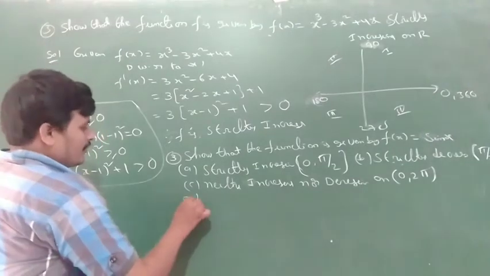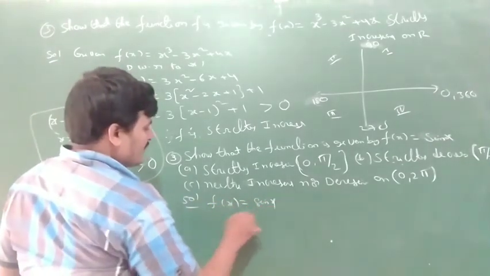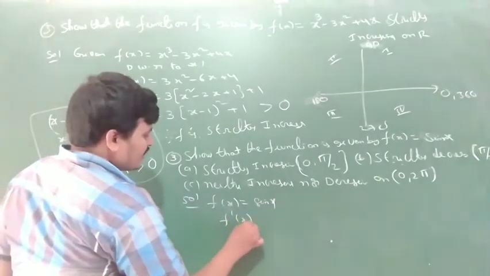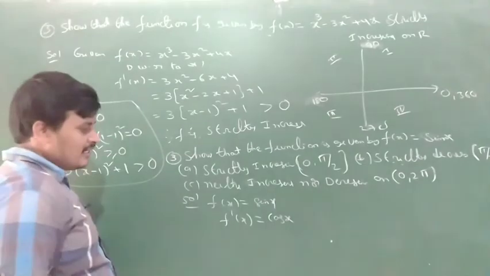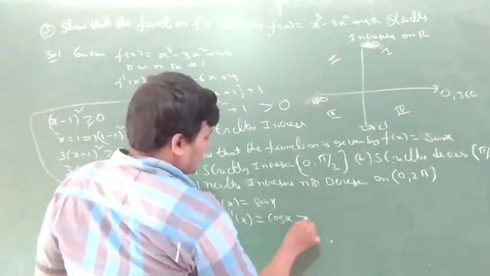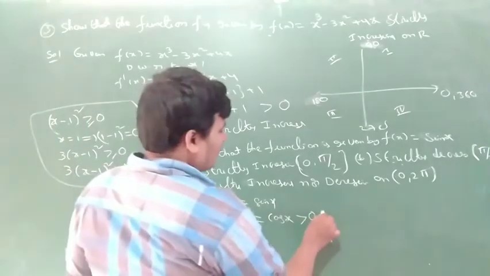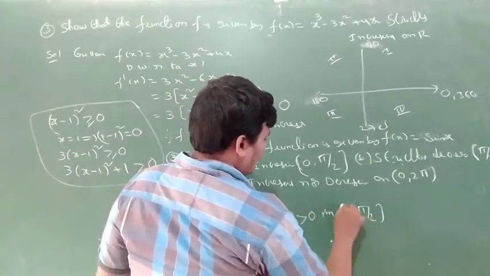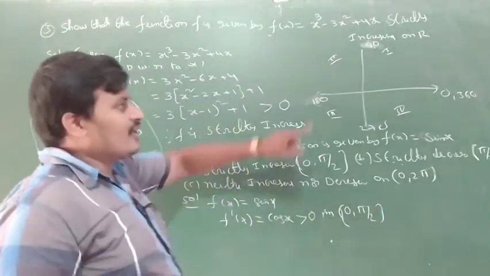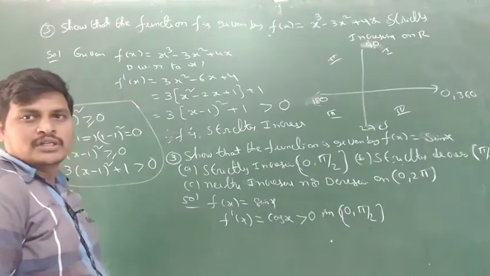So the solution: f of x is equal to sin x, f dash of x is equal to cos x. Cos x is greater than 0 in 0 to pi by 2, because in the first quadrant all are positive.